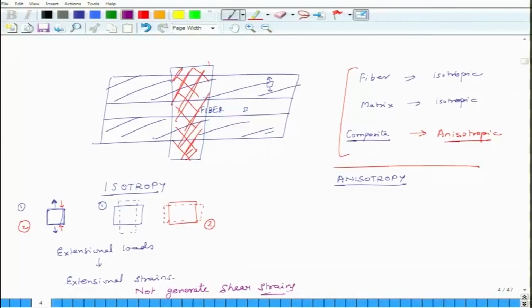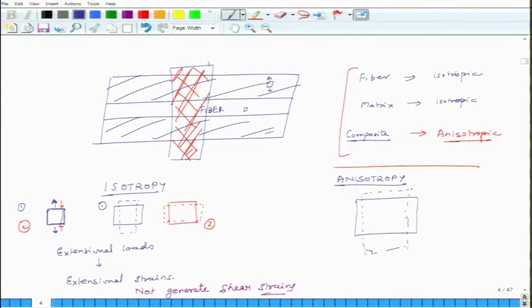In anisotropic cases, this is not true. In anisotropic cases, if this is the original material, and if I am applying tensile stress on it, it will not become just longer, it may also exhibit shear strain.